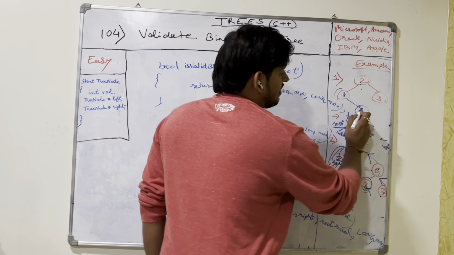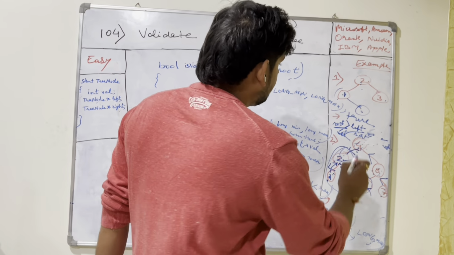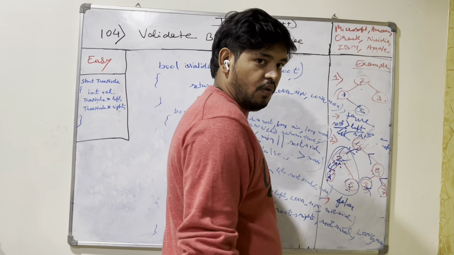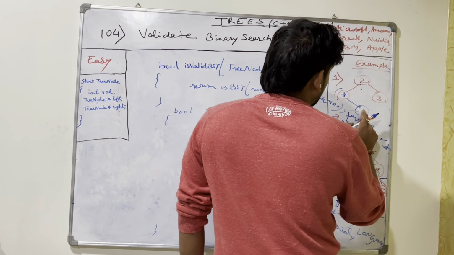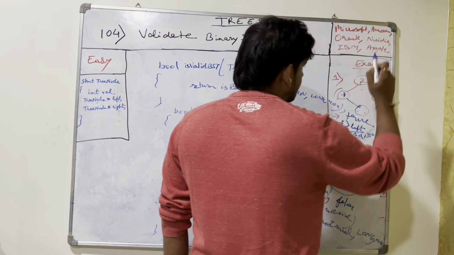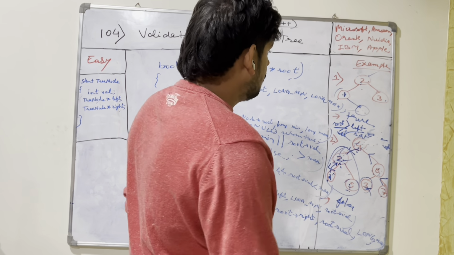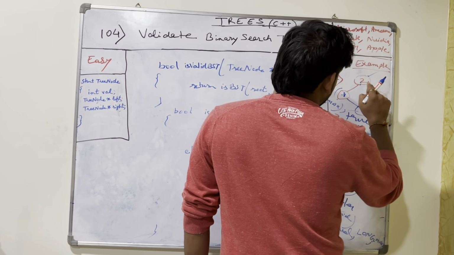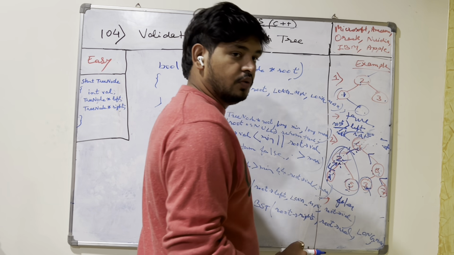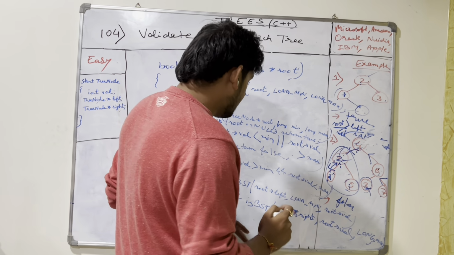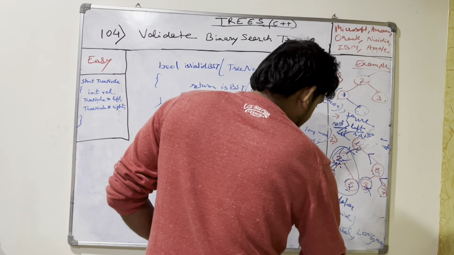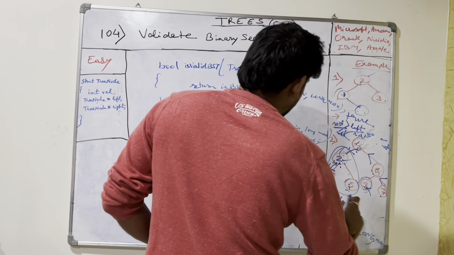But what is the maximum value for this? Can it be 5? No. Can it be 3? No. The maximum value is actually this 2. So this part cannot be greater than 2. So now that problem is solved when we pass this minimum value and the maximum value.